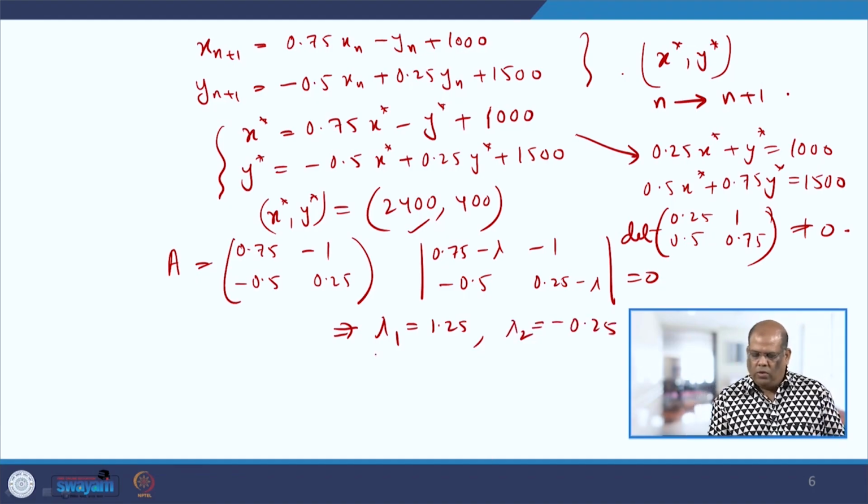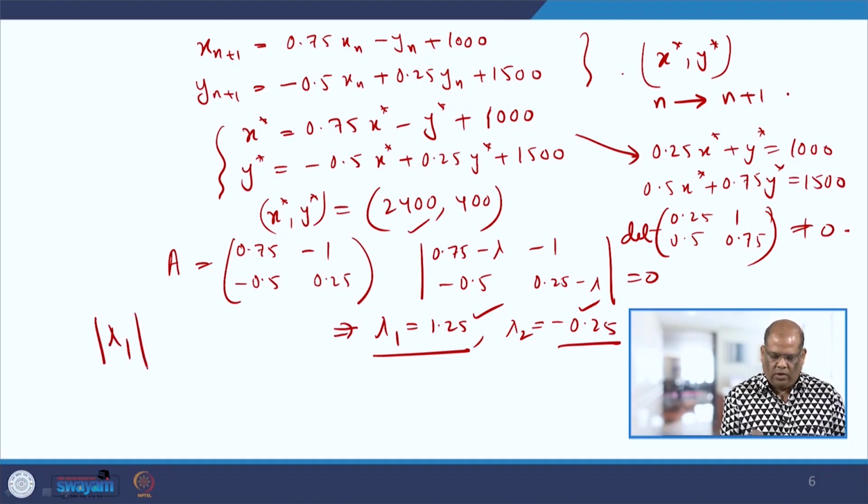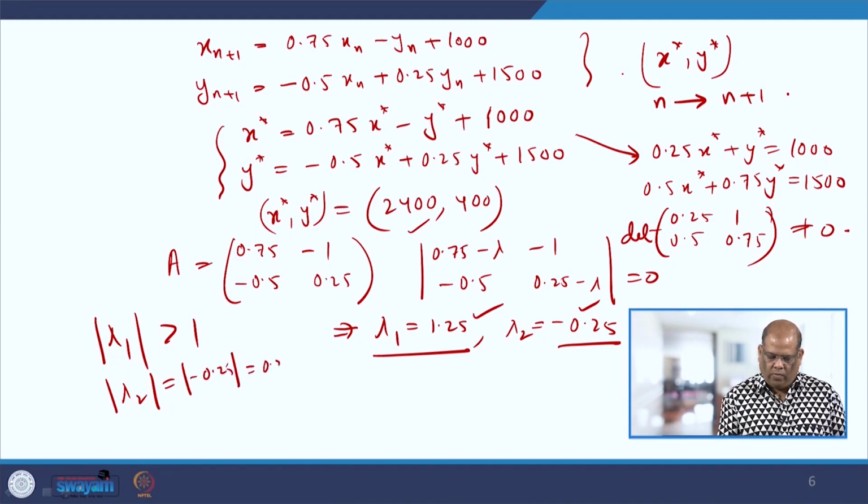Now, you see the roots are real, but of opposite signs. So, according to the previous theorem, you calculate mod lambda 1, which is greater than 1, and mod lambda 2, which is mod minus 0.25, which is 0.25, and it is less than 1.